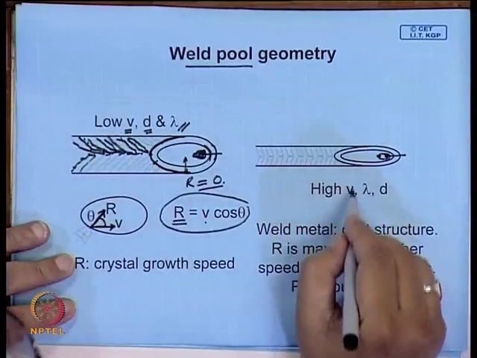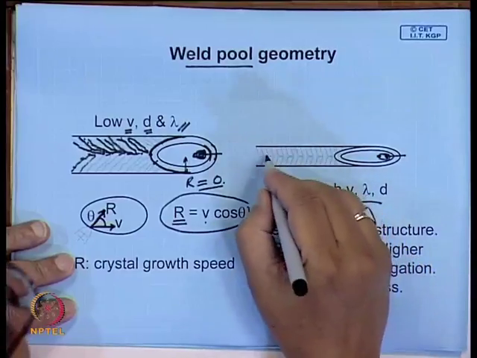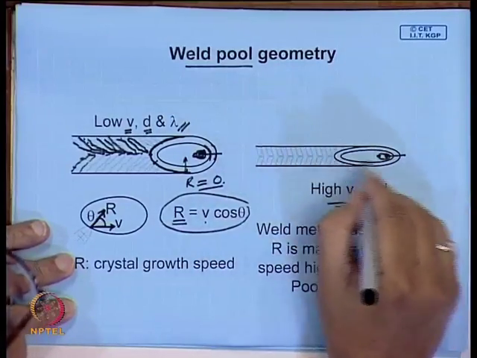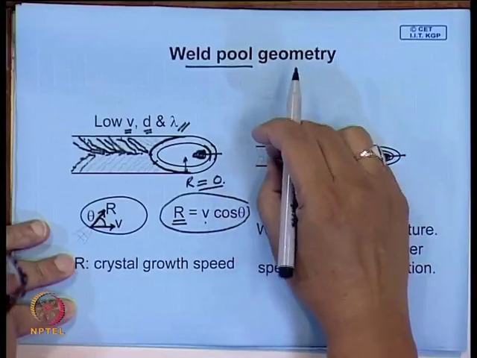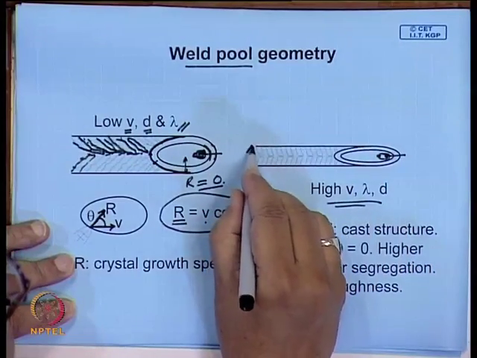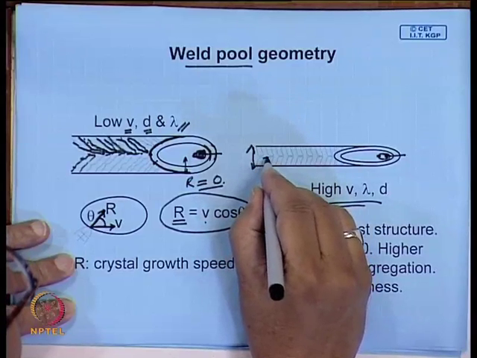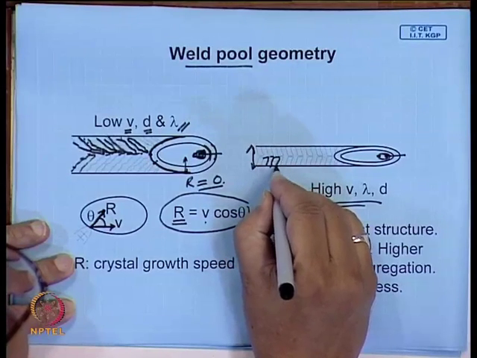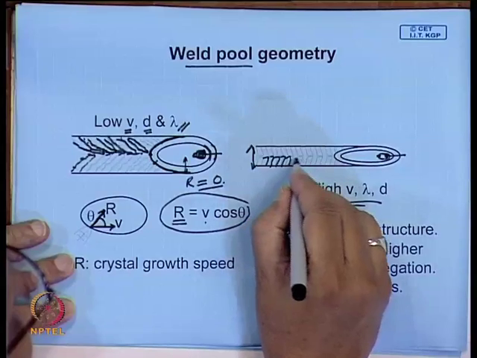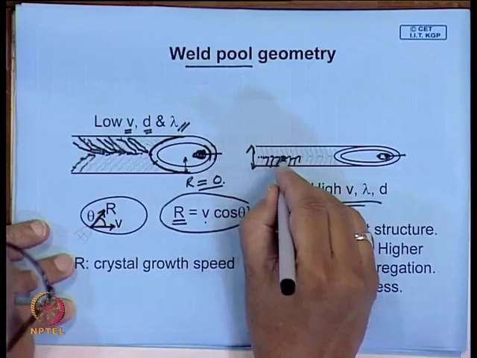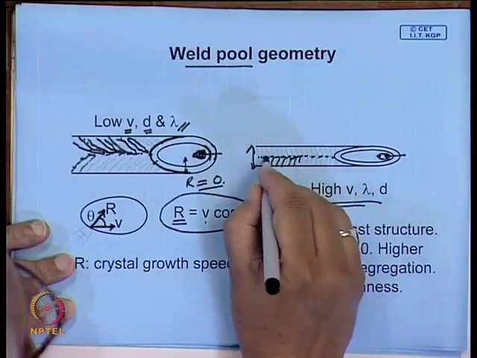Whereas, if these are high, in that case this is distorted like this. So, in this case this width is also very small, and also you will get this kind of a columnar cellular growth, and always you will find that impurities get segregated here.